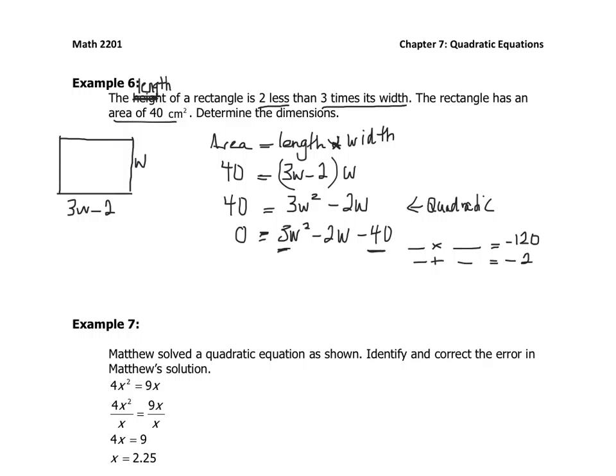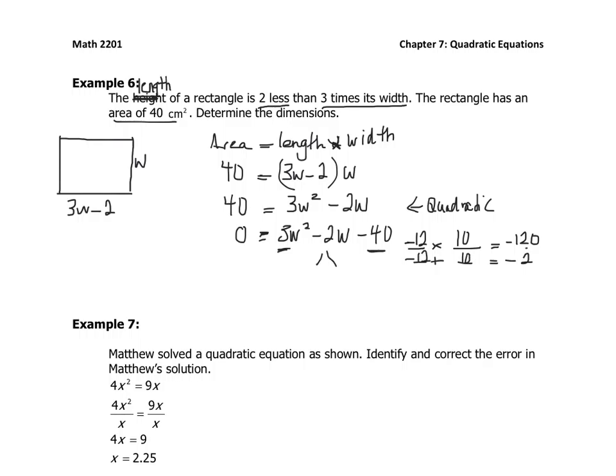Negative 120 has a lot of factors, but looking at it quickly, negative 12 and 10 would work. That multiplies to negative 120 and adds to negative 2.